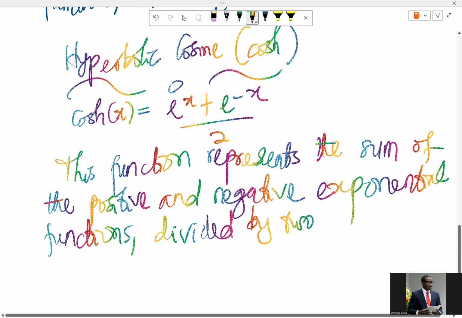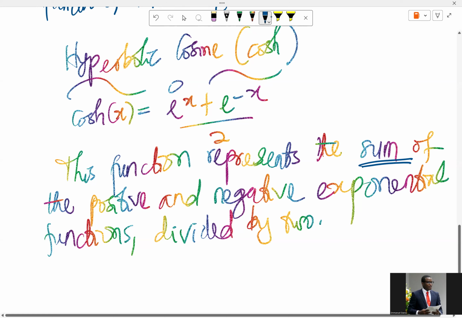So the two of them are basically about positive and negative exponential functions. So sinh is the difference between positive and negative exponential function divided by 2, while cosh is the sum of positive and negative exponential function divided by 2. So here, like I said before, the key word for cosh is the sum.